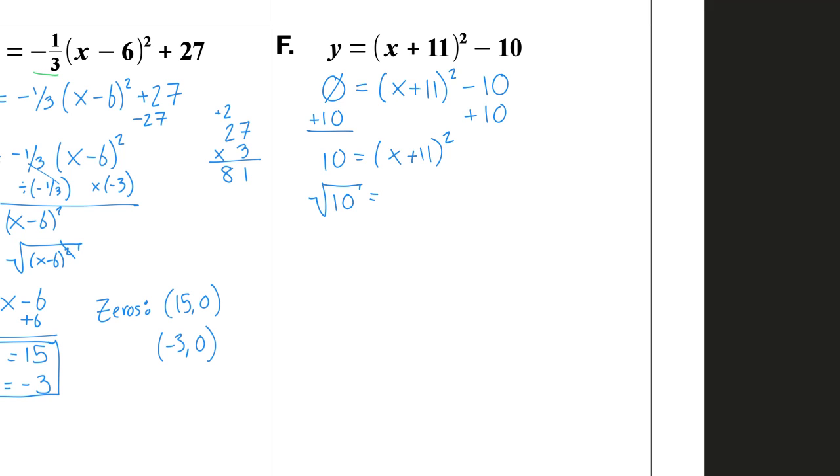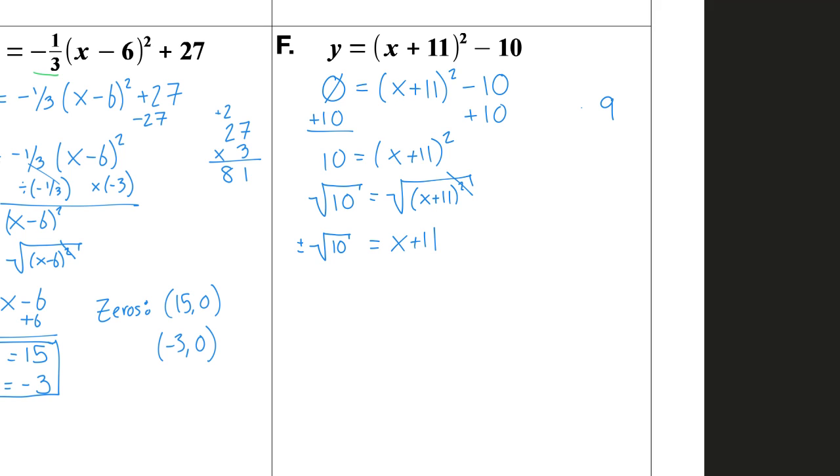We're going to square root both sides to get rid of the exponent, to undo it. So those go away. We get x plus 11 over here, and we just have this square root of 10. Well, what in the heck is that? We know we're going to get a positive and a negative root, but 10 is not a perfect square.